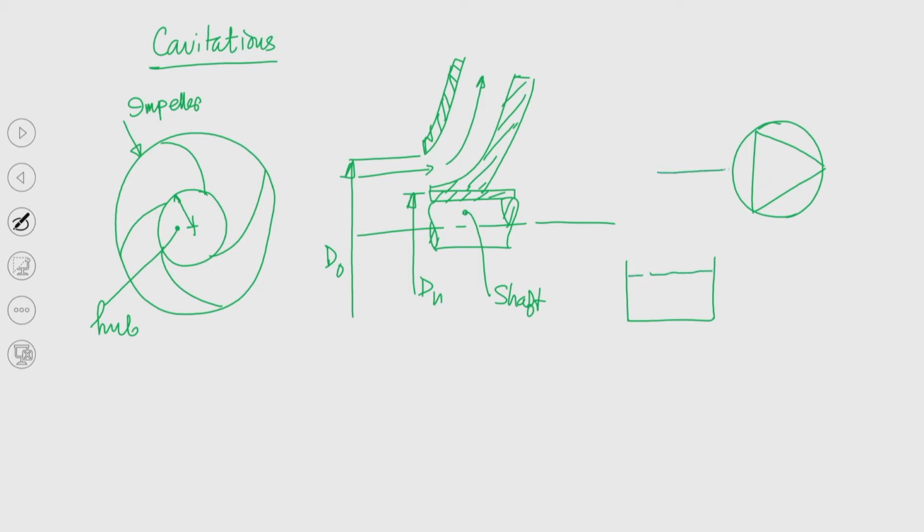So, this is the pump, this is the suction side reservoir, this distance is Hs, and then it is discharging. Here the pressure acting on the surface is absolutely the atmospheric pressure.